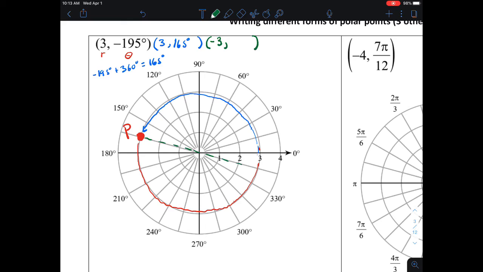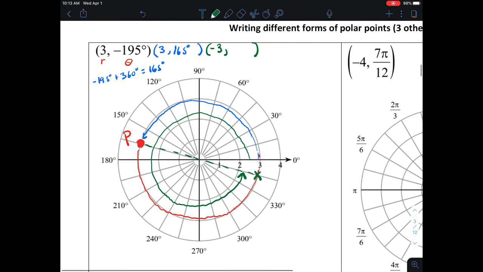So I would have to land right here where I'm marking this X. And because it's a projection through the pole in the other half of the circle, if I'm rotating around and I'm having a positive angle measure, I would rotate almost a full circle to get there, which would give me 15 degrees shy of 360, so 345 degrees.